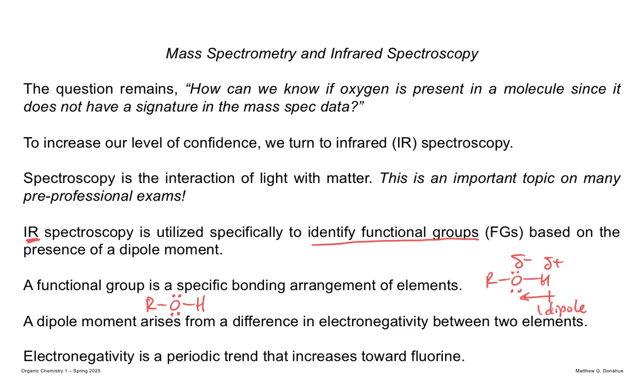So really what we're looking for is that electronegativity trend in the periodic table. We're looking for bonds that have a significant dipole difference. And then that will lead to the IR response. As we run through this, we'll focus on the different regions of the IR spectrum. What are we looking for? What is each region telling us?